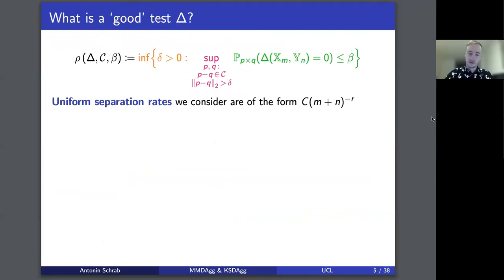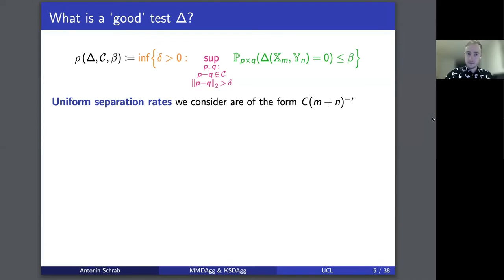And the rates we'll consider, at least in our work, are of the form some constant times m plus n to some negative power. So this is really a rate.